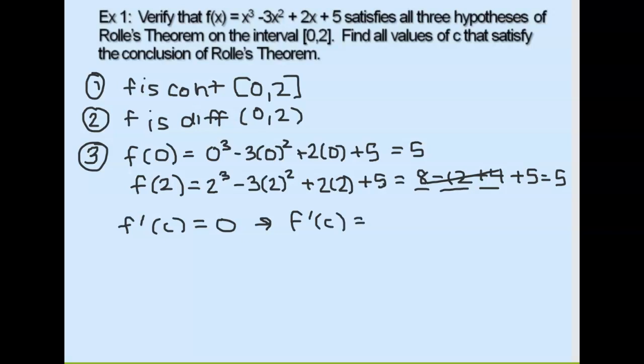F prime of c is really the derivative of f of x, but instead of x's, we have c's. So that gives 3c squared minus 6c plus 2. And I need to know when does that equal 0.